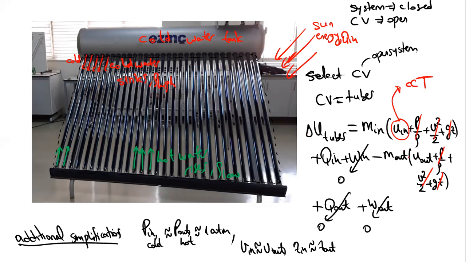Therefore, this one is also proportional to temperature. This sign, see this interesting sign, means it is proportional. It is proportional to temperature, and this one is proportional to temperature inlet, temperature outlet.